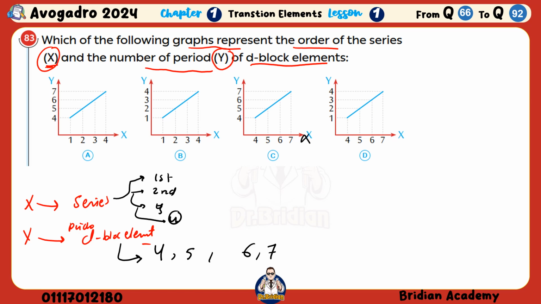X 1, 2, 3, 4, maybe. Y will take the numbers from 4 to 7. So choice number B is incorrect, and we reject choices B and C and D, and the other one which is correct will be choice number A.